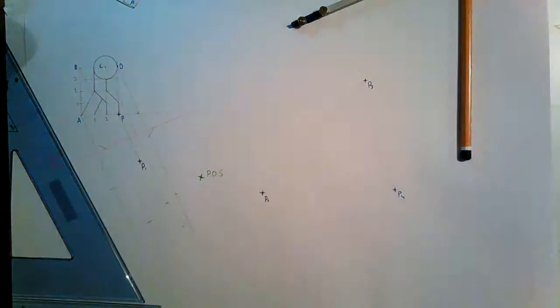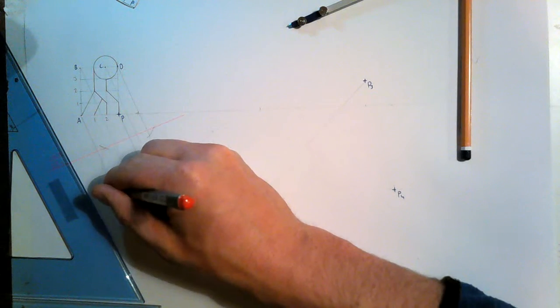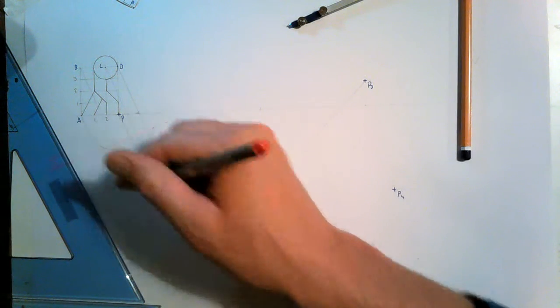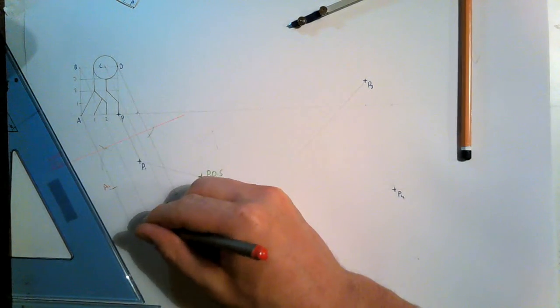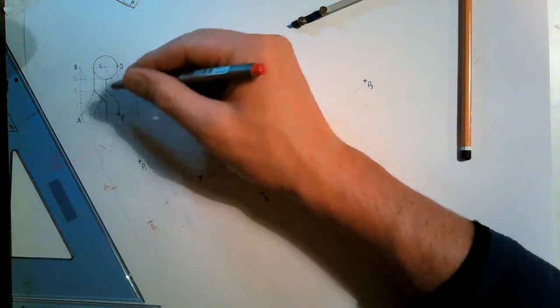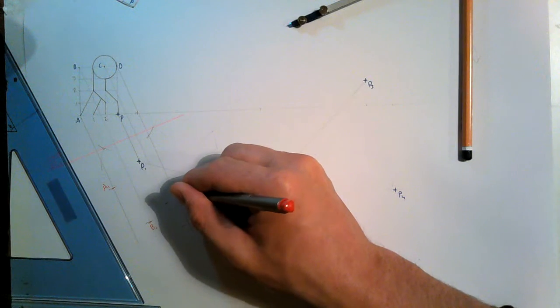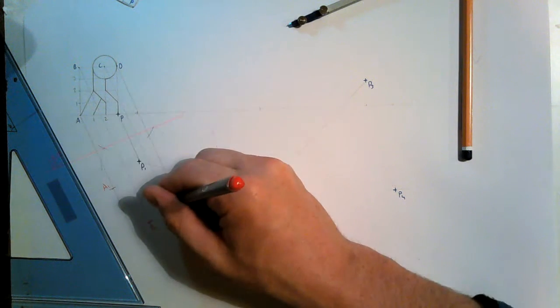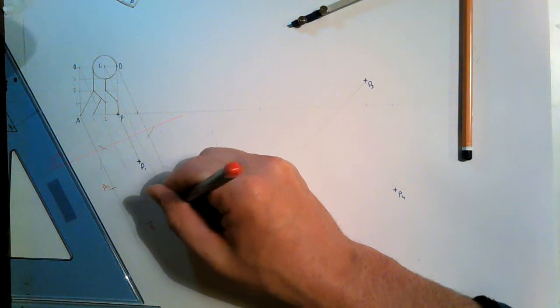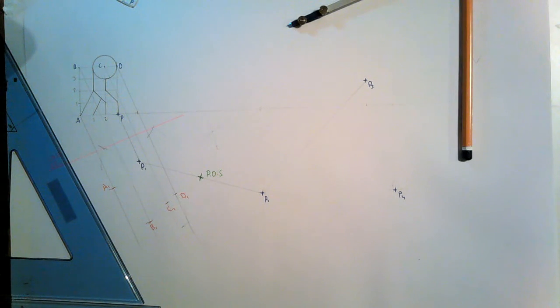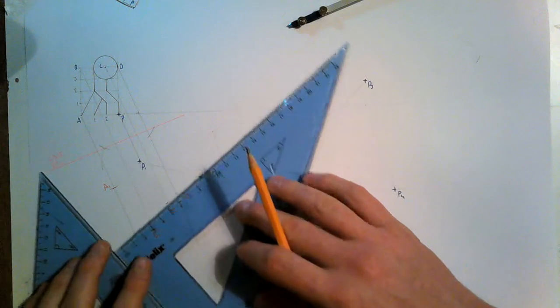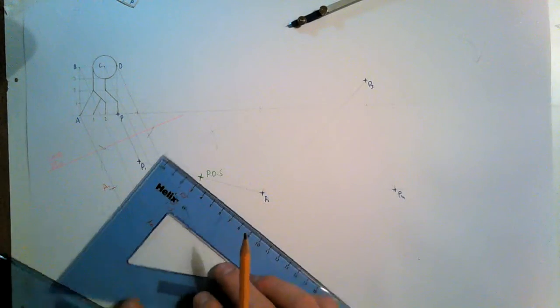So I'm going to call it A1, B1, P1, D1, and C1. Okay.